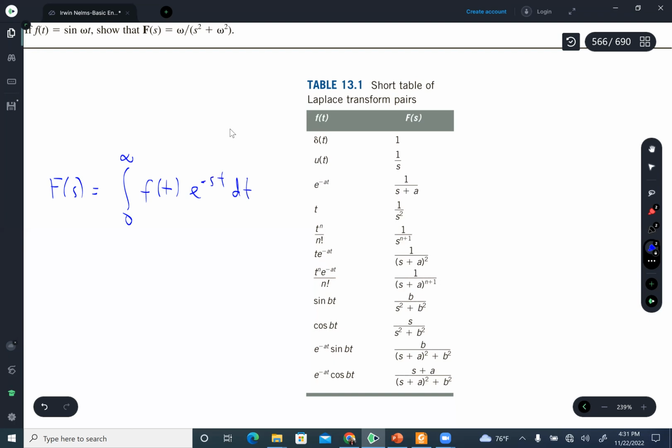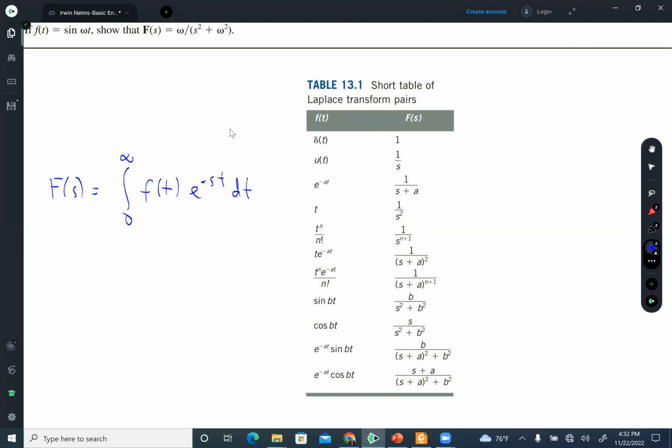And this S is a complex number. So we calculate this integral for various functions. Here on the left are small f, and on the right are the Laplace transforms. And these Laplace transforms are valid for certain values of complex numbers S.